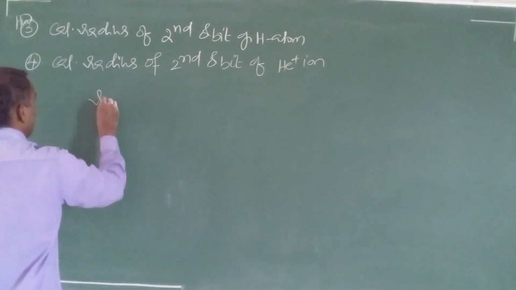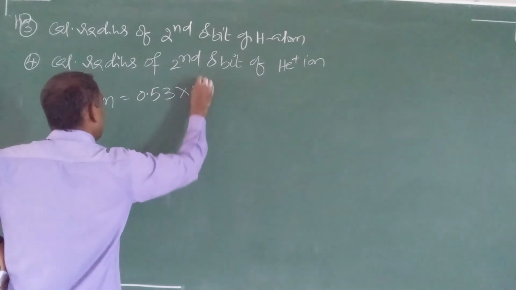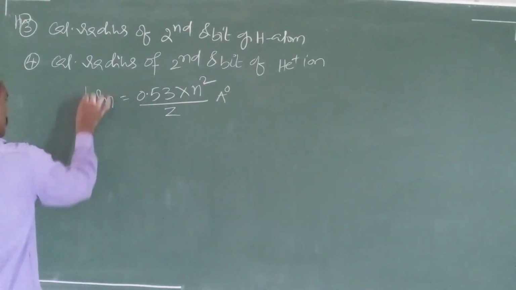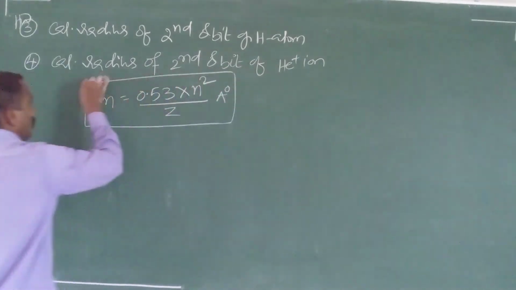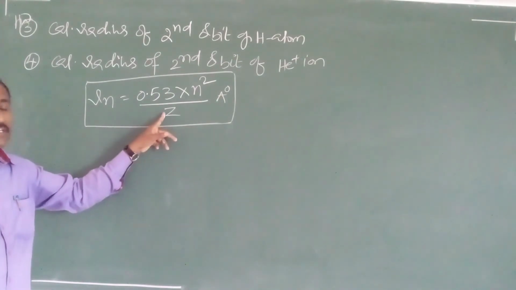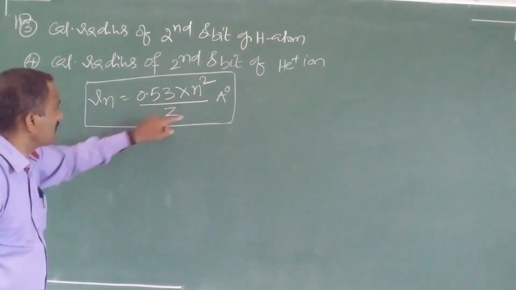We know that radius formula is 0.53 into n square by z angstrom units. So always you should remember formula. My advice is all formulas along with z you should remember. Radius formula 0.53 into n square by z.